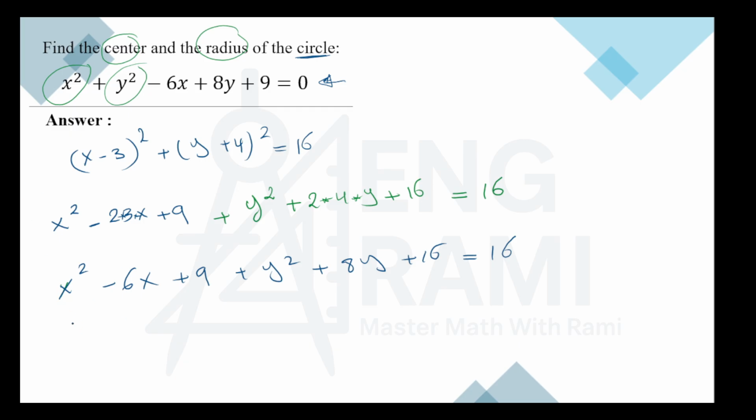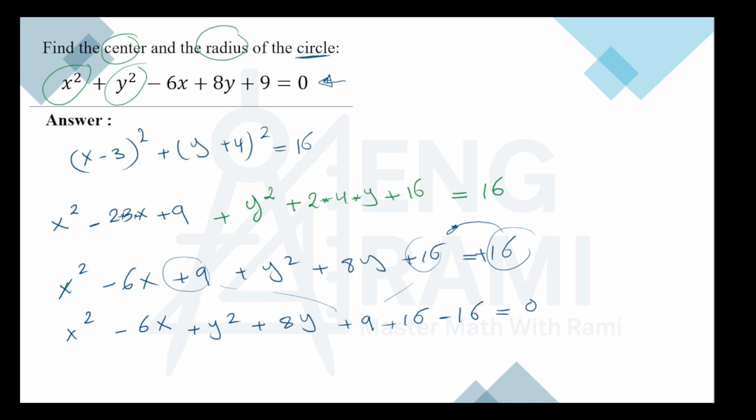Then x squared minus 6x plus y squared plus 8y. We'll put this term in here, plus 9, and this one in here, and move this one to here. You know that this is positive, and it will be negative, equals 0, absolutely.